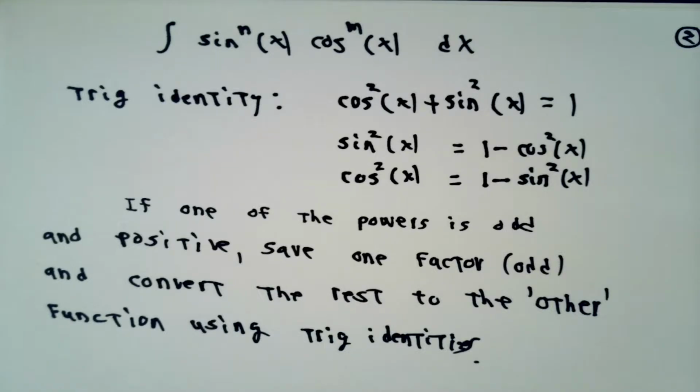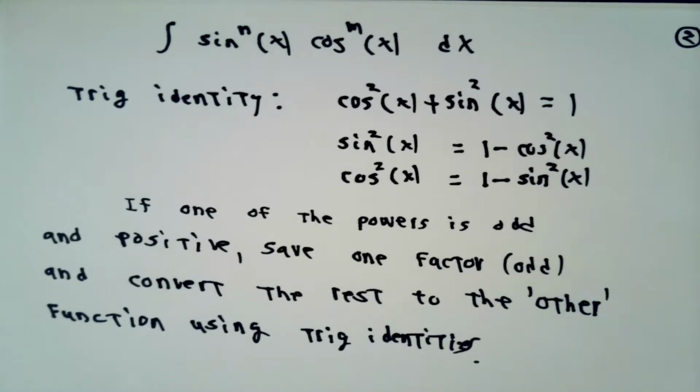The trig identities that we're going to use for this involve cosine squared plus sine squared equals 1, which obviously can be rewritten as sine squared equals 1 minus cosine squared, or also cosine squared equals 1 minus sine squared.